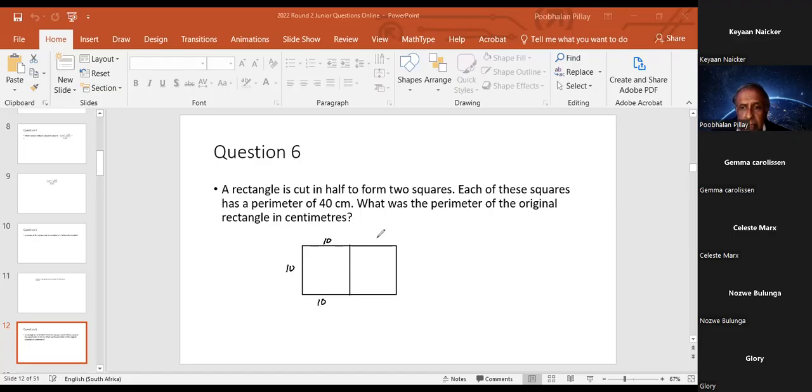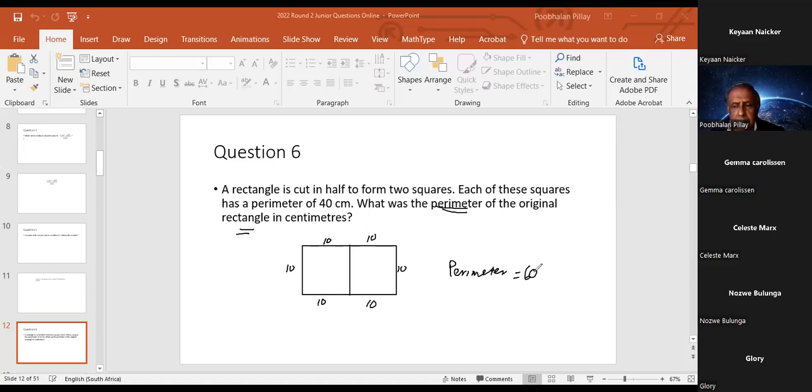Now this is cut in half, so these squares are exactly the same. So the question is, what is the perimeter of the original rectangle? So you need to work out what the boundary length is. And it's clear, you can just simply add up all these 6 tens and you'll get 60.